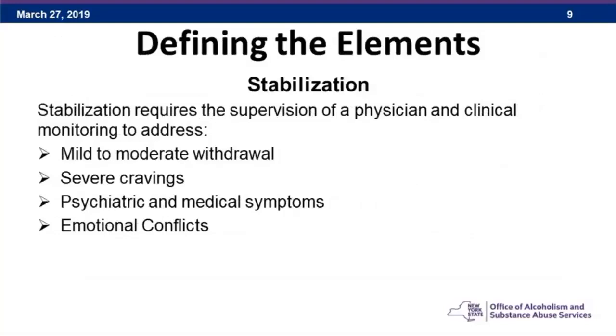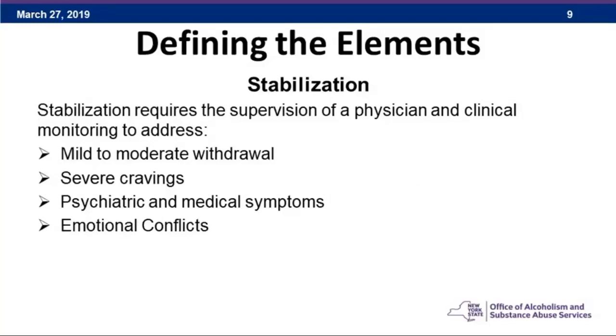So we're going to kind of define the individual elements. Stabilization requires the supervision of a physician and clinical monitoring to address mild to moderate withdrawals, severe cravings, psychiatric and medical symptoms. And this is really key, right? That it also speaks to the need for those individuals that need to be stabilized for their emotional conflicts.